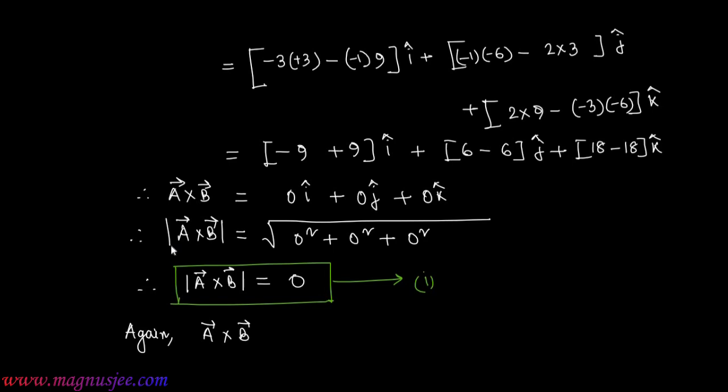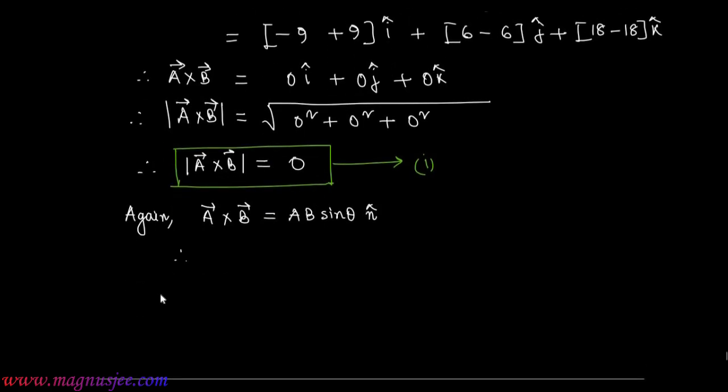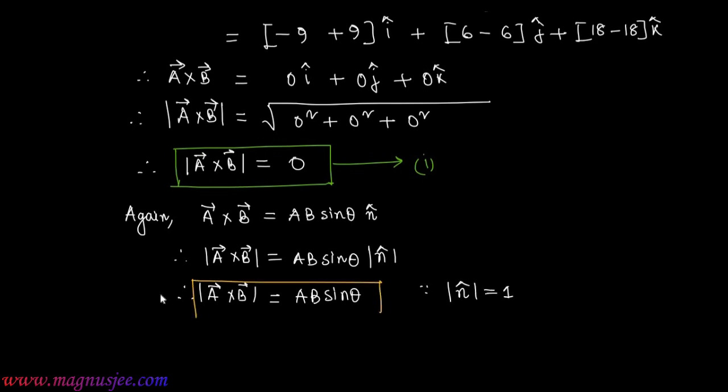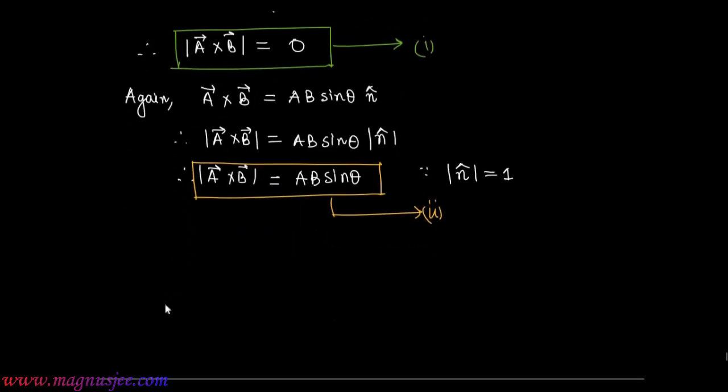Again, vector A cross vector B is equal to AB sin theta n cap. Therefore, mod vector A cross vector B will be AB sin theta mod n cap. We get mod vector A cross vector B equal to only AB sin theta, because mod n cap is 1. That's why mod vector A cross vector B will be equal to AB sin theta, which is equation 2.